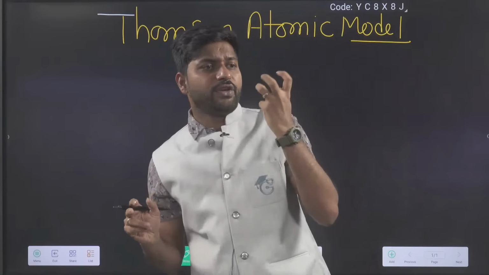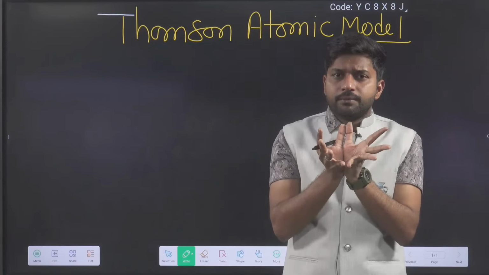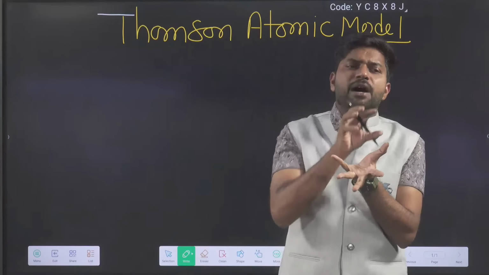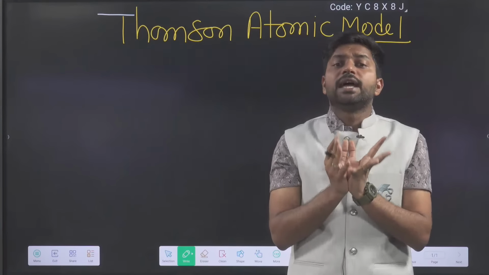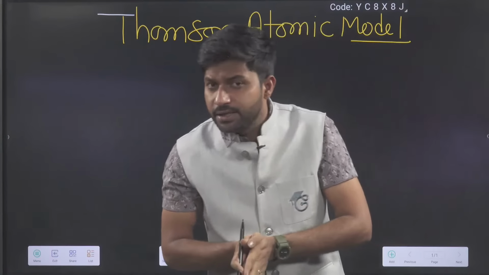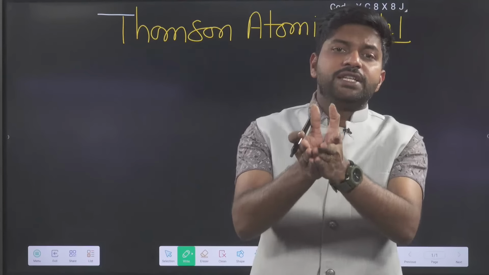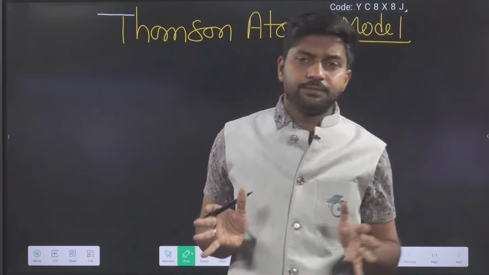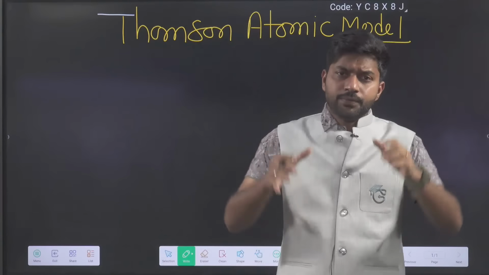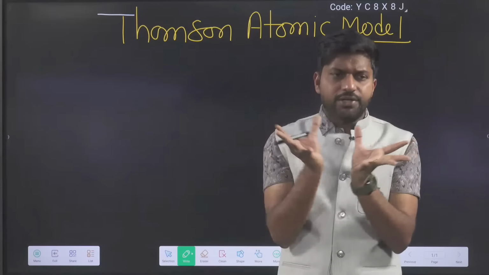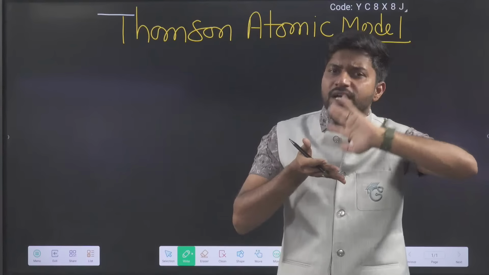So you can say sphere. In that sphere, whatever solid part is there everywhere, that he has said, assume it is positively charged. So Thomson said that the atom is like a sphere of positively charged particles.